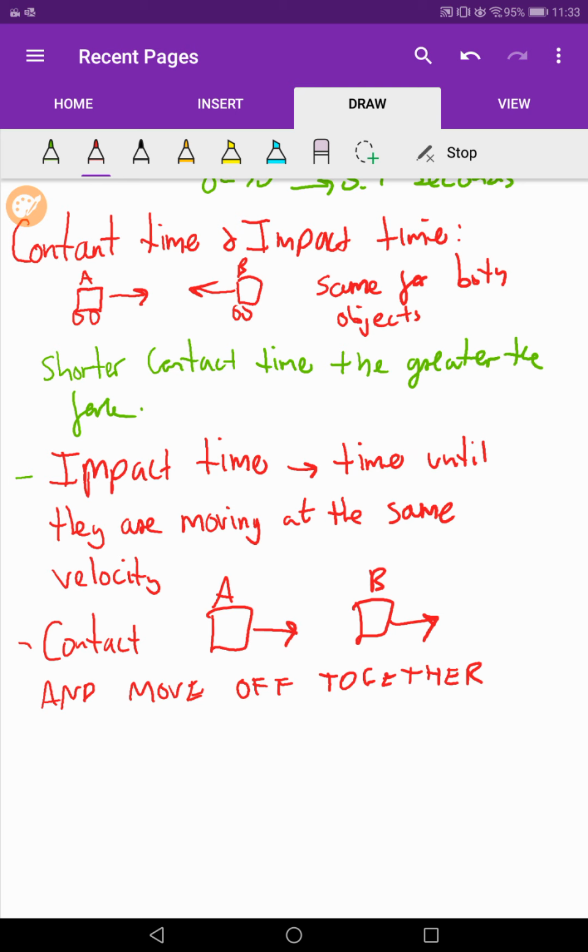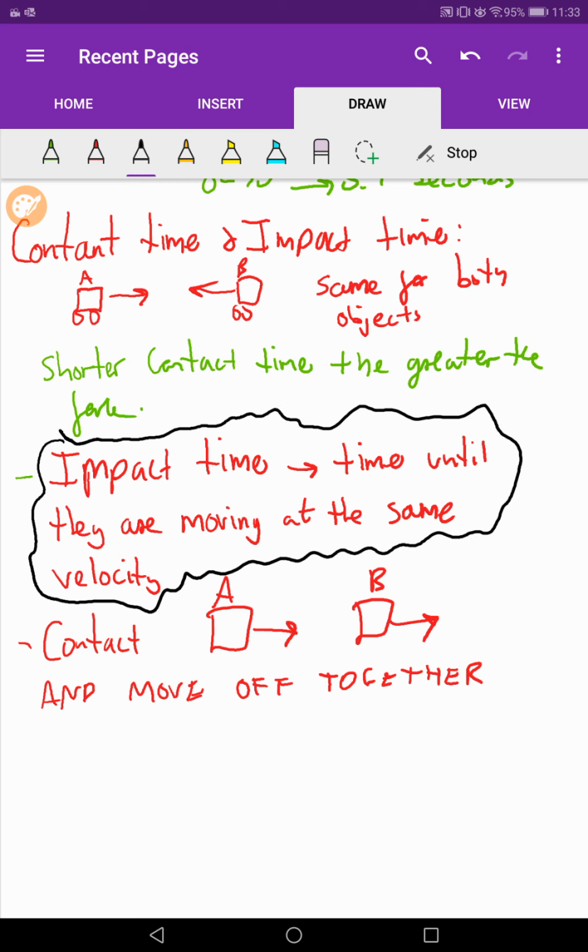But the impact time is only until they are moving at that constant velocity. So that's the time that you need to take for your force calculation. I hope that's clear to you.